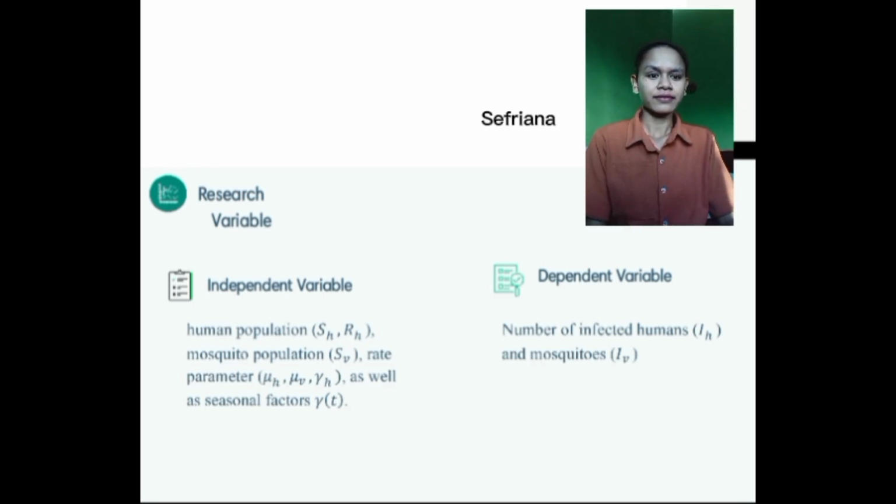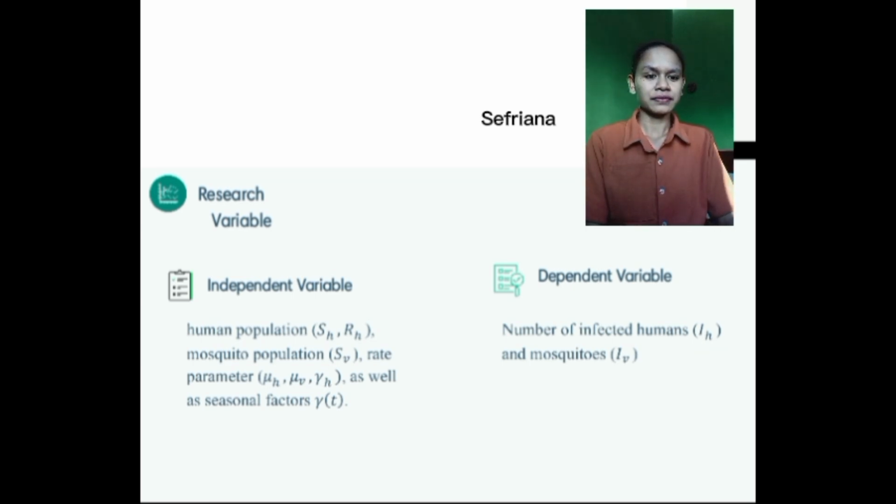In this proposal, the variables are divided into two categories, independent variable and dependent variable. The independent variables include the human population SH, that is the population at risk, and RH, that is the recovered population.